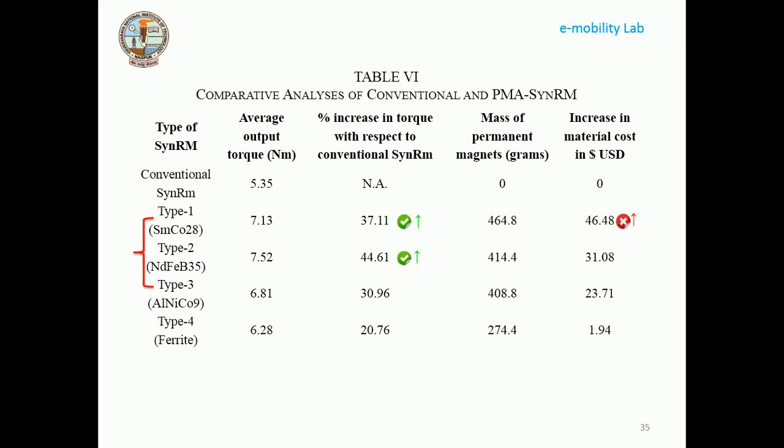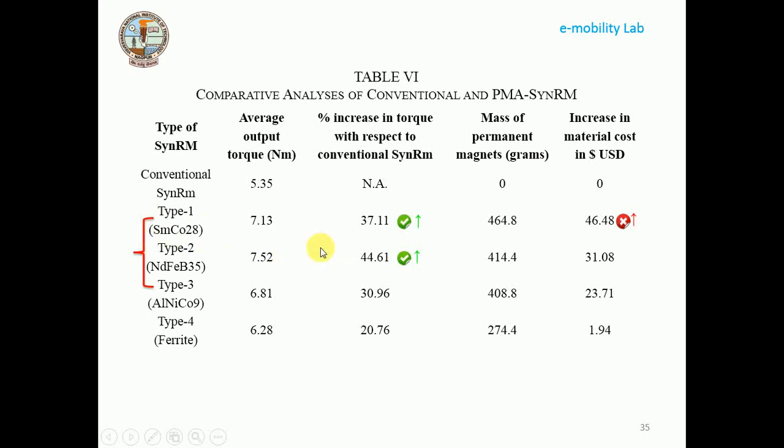But what is going to happen? These are in US dollars. The material cost, of course, as I told you at the very beginning of my presentation, is higher for these permanent magnets, neodymium and SmCo magnets. These are very high cost because they come under the rare earth category.